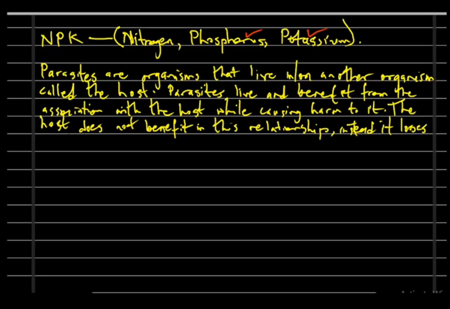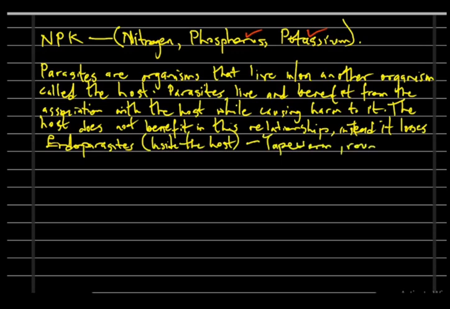And we have different types of parasites. We have the endoparasites, the ones that live inside the host. Examples are tapeworm and roundworm. Those are examples of endoparasites.